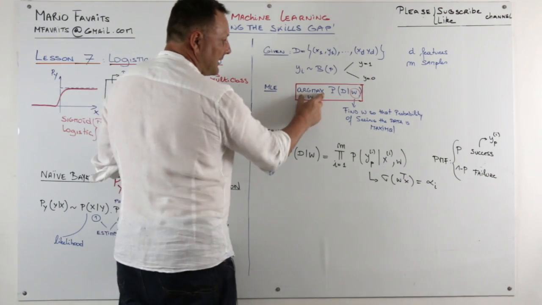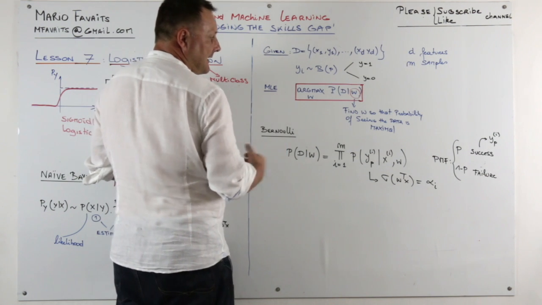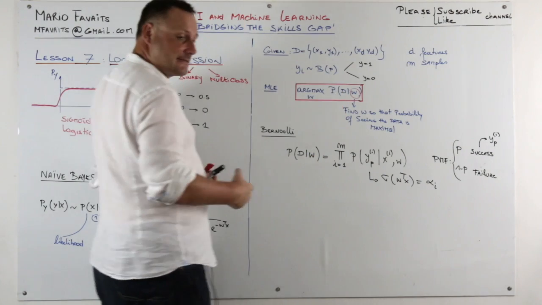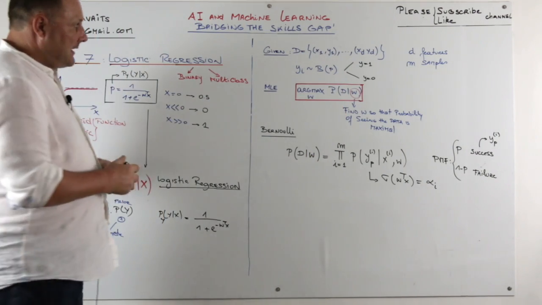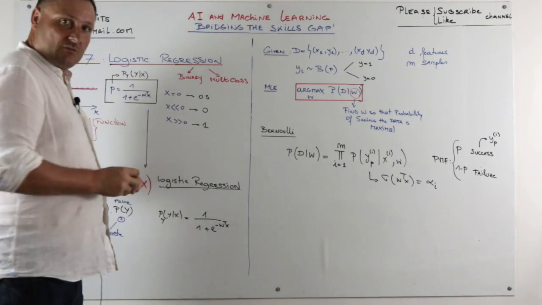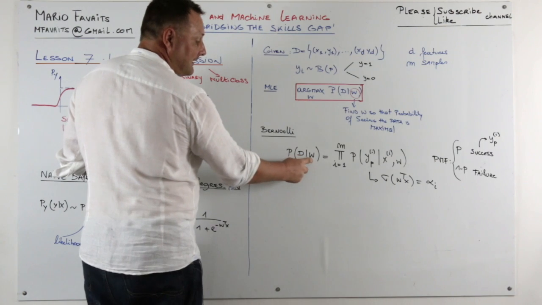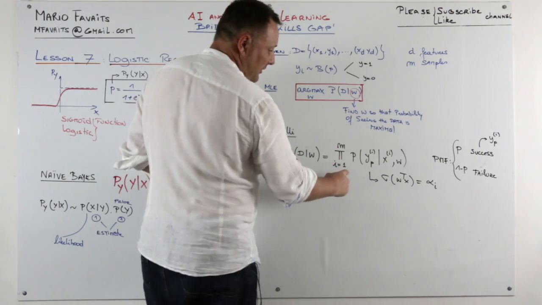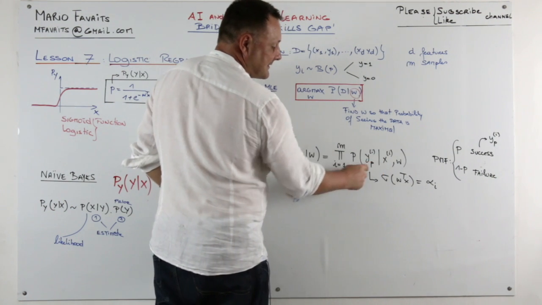We know the formula. We need to find the w's in such a way that the probability of seeing the data set D is the highest. This is what we try to do in maximum likelihood. We know that the yi's are Bernoulli distributed, so the probability of seeing the data given W is the product of the probabilities of these guys and these guys.